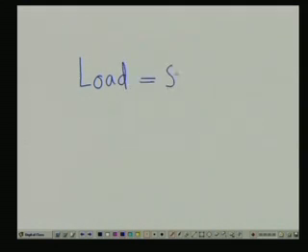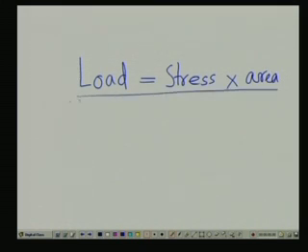If we look into this, basically what is design? Load equals stress into area, that we have learned, isn't it? Very roughly, we understand that load means a certain amount of stress into area.